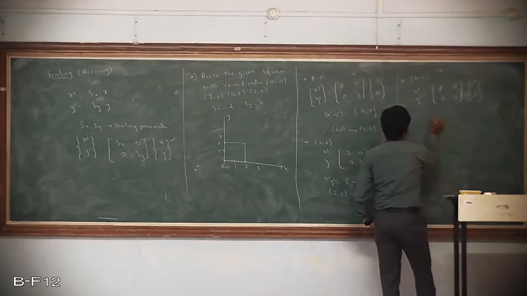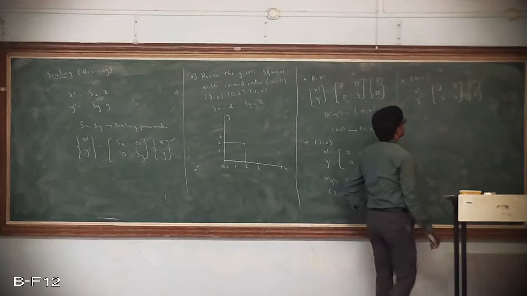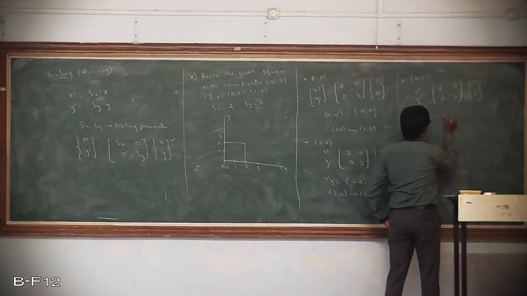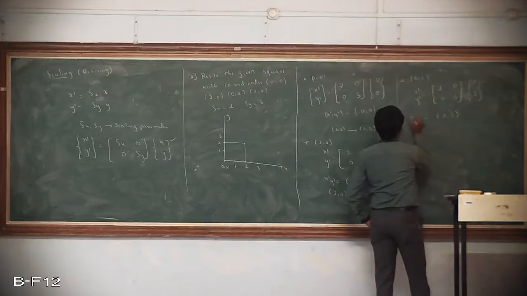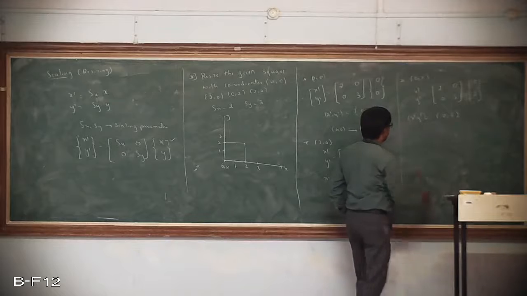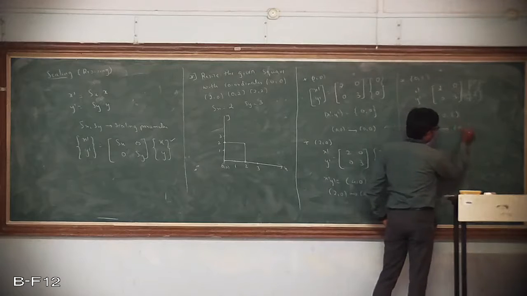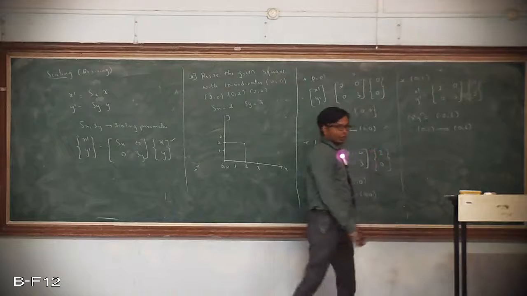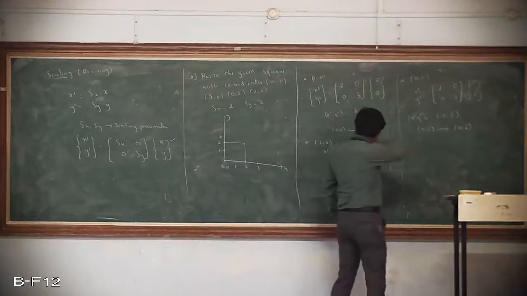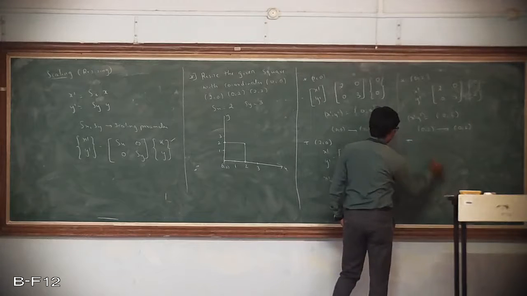So when we do this, what will we get? 2 zeros are 0, 0 2s are 0, 0 zeros are 0, 3 2s are 6. So the coordinates are 0, 6. So x dash y dash is 0, 6. Now what has happened? The original position 0, 2 has been shifted to 0, 6. Is it clear? We need to just watch how the change is taking place.